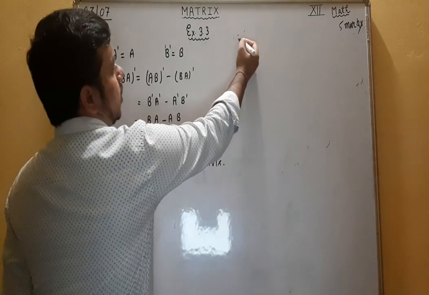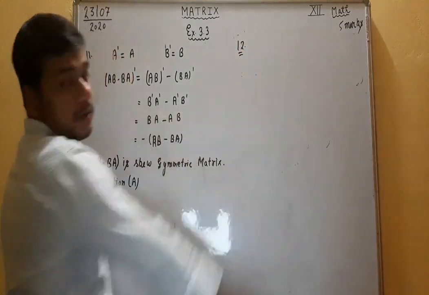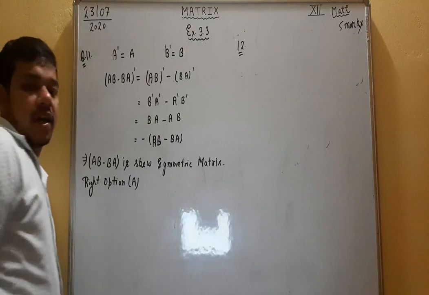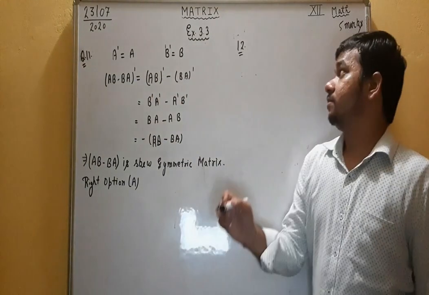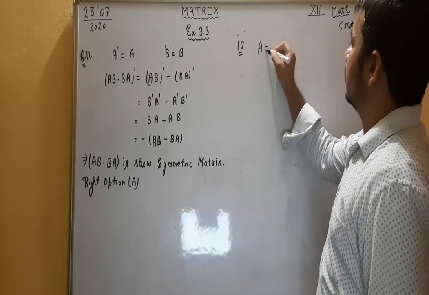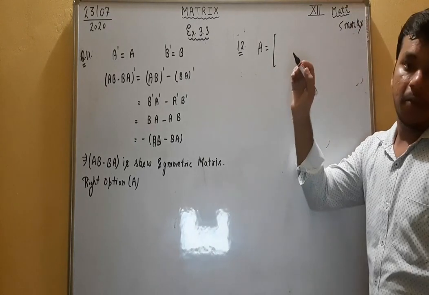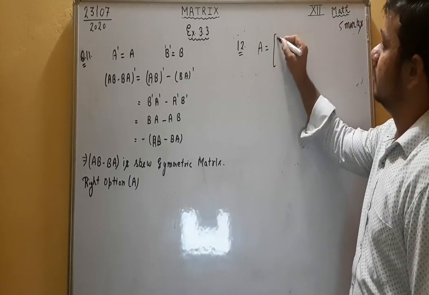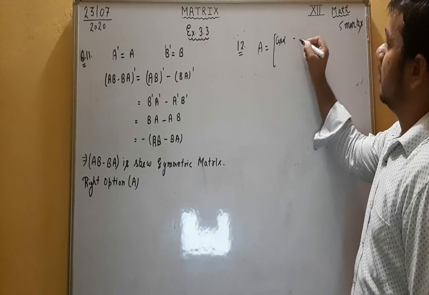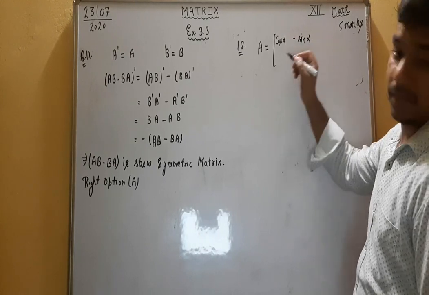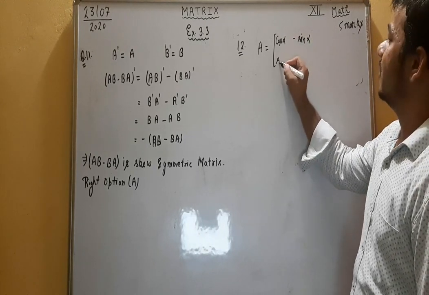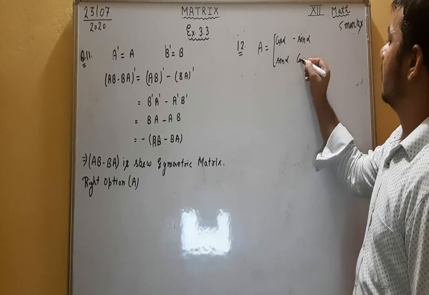Now let us see the last problem of this exercise. Problem number 12. You are given a matrix A, cos alpha, minus sin alpha, sin alpha, cos alpha.